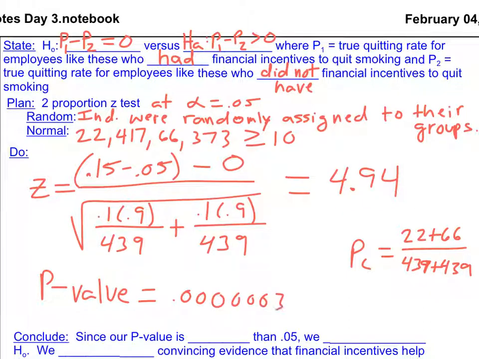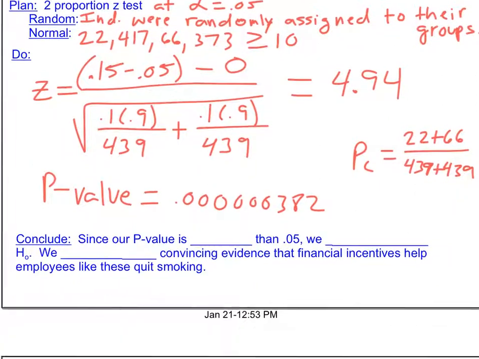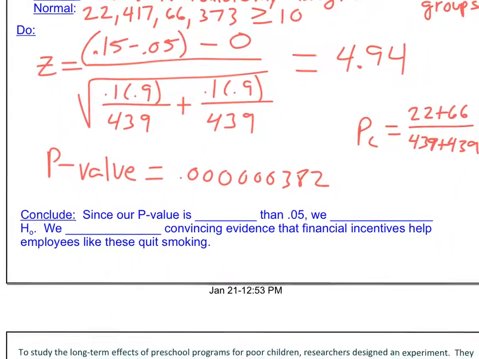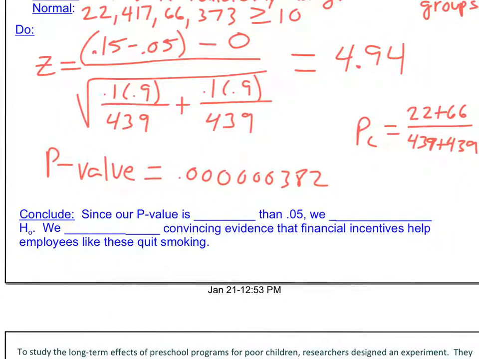Here's our p-value. That's how small p-values get if you're talking about a z-score that's close to 5, which obviously is a really, really significant difference here between these two. Our sample sizes are pretty large, and the rates at which they quit smoking were quite different. There was a 10% difference between the two.